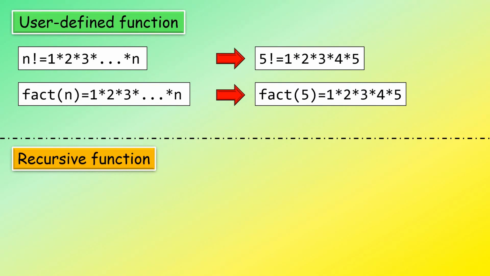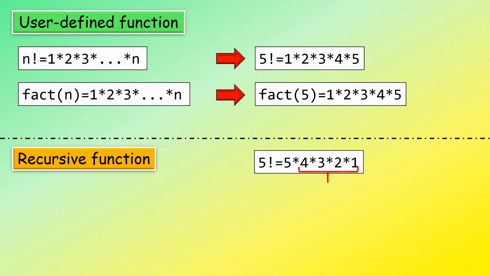So 5 factorial can also be written as 5 into 4 into 3 into 2 into 1. So in this, 4 into 3 into 2 into 1 is nothing but 4 factorial.